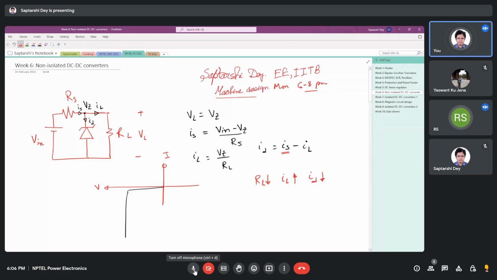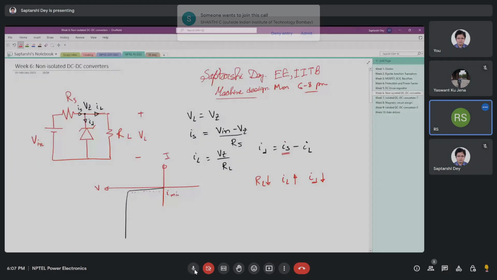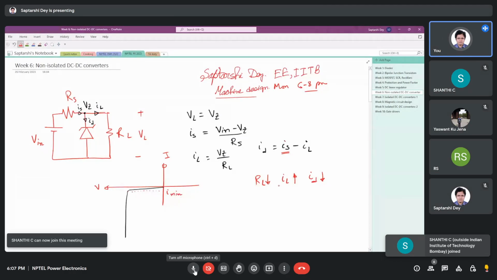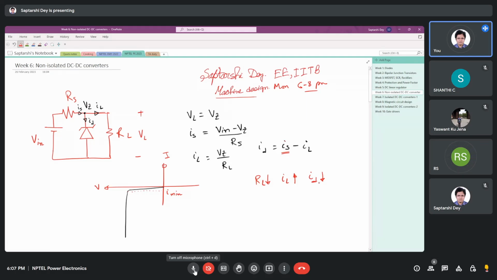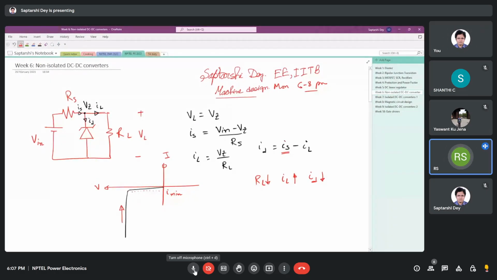Now this is the minimum current. So what is happening is, with increasing the load, the diode current is reducing. So we are moving towards this side.